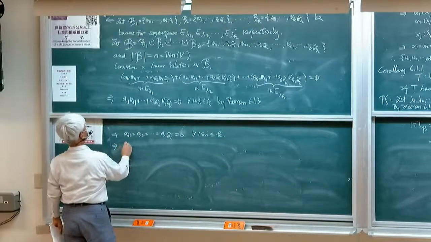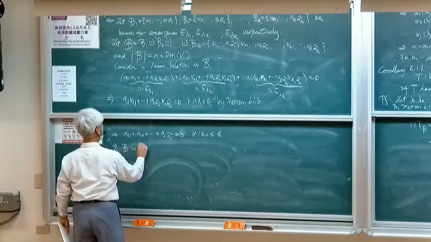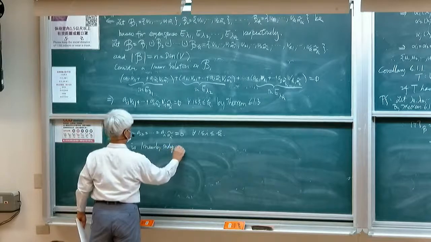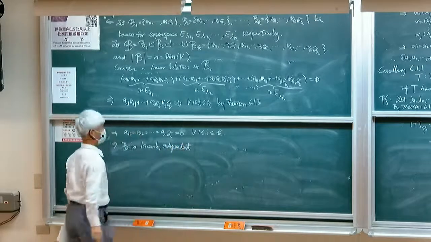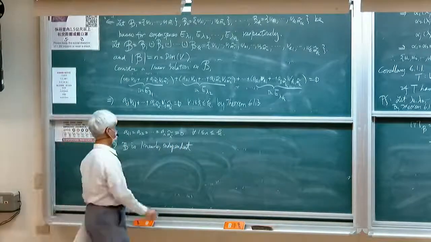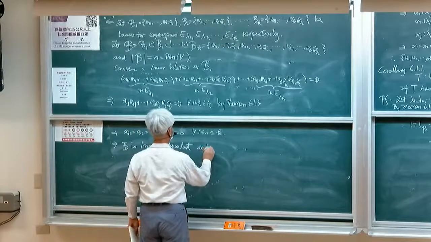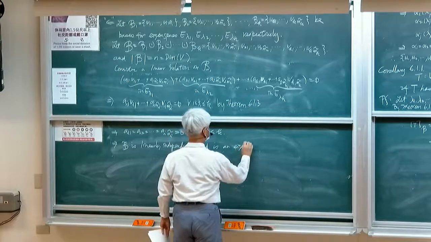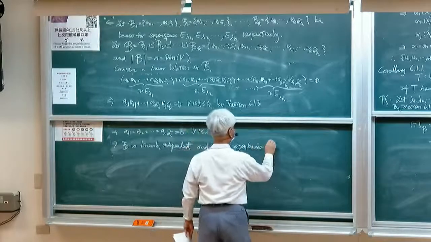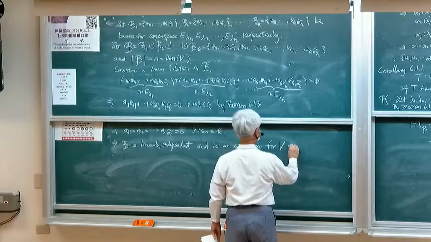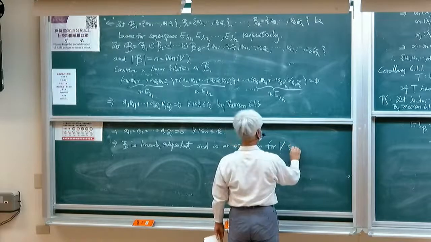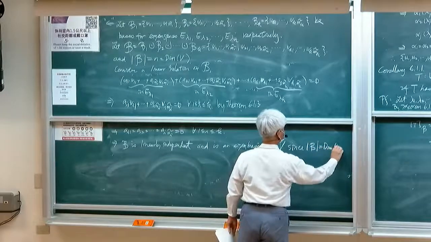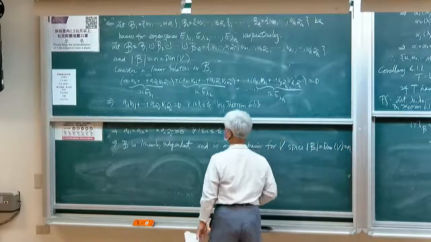So this implies that B is linearly independent, and it's an eigenbasis for V, since its size equals the dimension of V, which equals n.